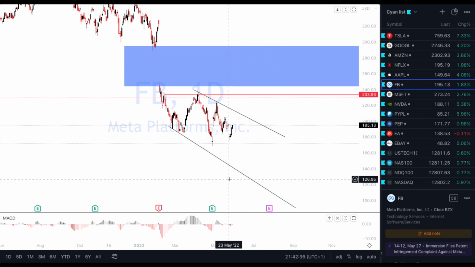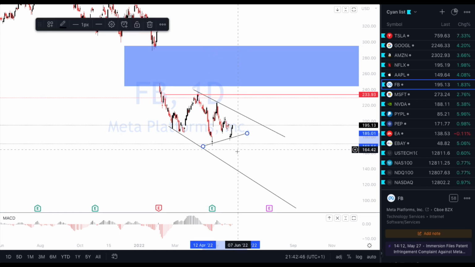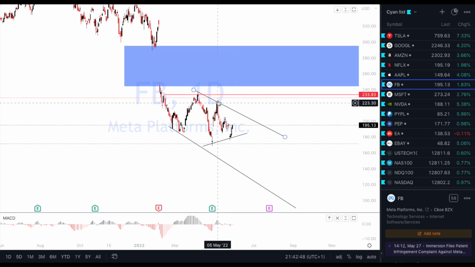Sorry about that. Most importantly, we have to keep an eye on this move also. It's produced a higher low over here and a lower high over here.